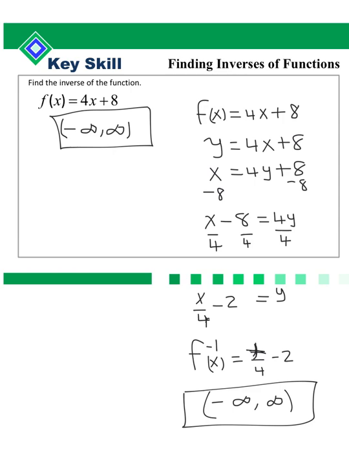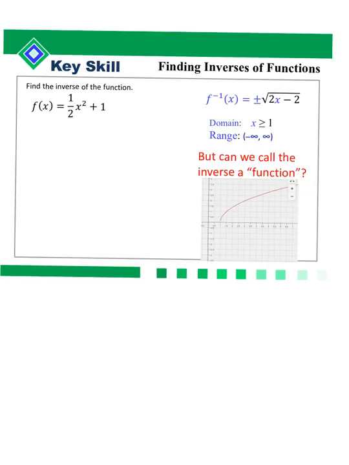Okay, and let me highlight the inverse and the domain. Okay, now let's go to the next one. So here, this is the function I have. So step 1, I'm going to write y equals half x squared plus 1.